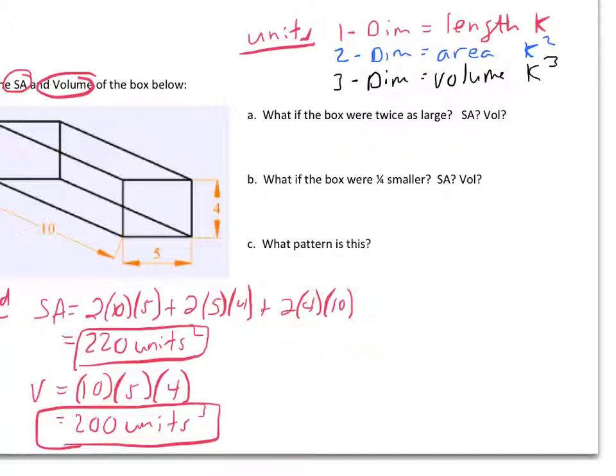Now what if your box was twice as large? Well, how does that affect this? If you say twice as large, you're talking about K being 2. So given that K is 2, a distance of anything would be doubled, so just times 2. But area is K squared.